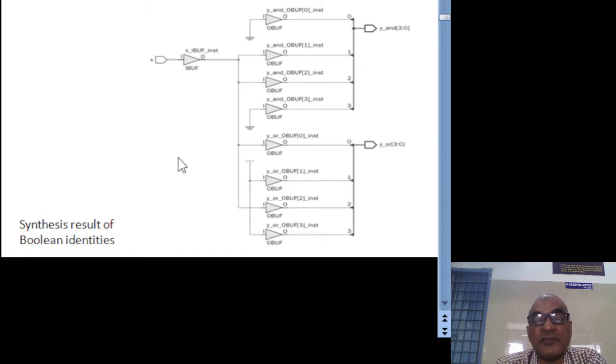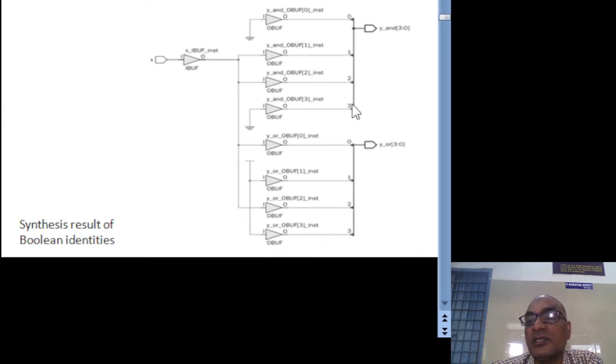With Vivado Design Suite we can generate the synthesis report for that program. The result is like this. Whatever Boolean identities programs we have written, the Vivado Design Suite generates this directly.